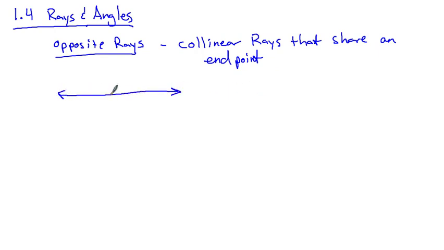if we think about a line and we have a point in the middle, let's say this is point J. Well, if we just look at J and we go to the right, we have a ray called JK. So let's pretend, don't do this in your picture, but pretend none of this is here. Right? So we just go from J and we go that way.